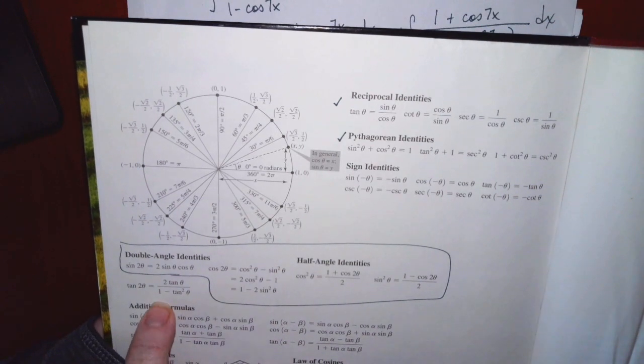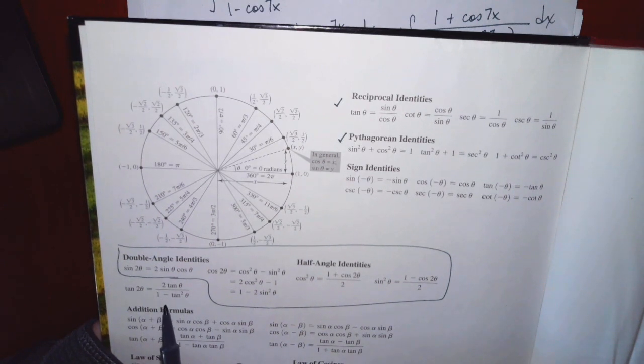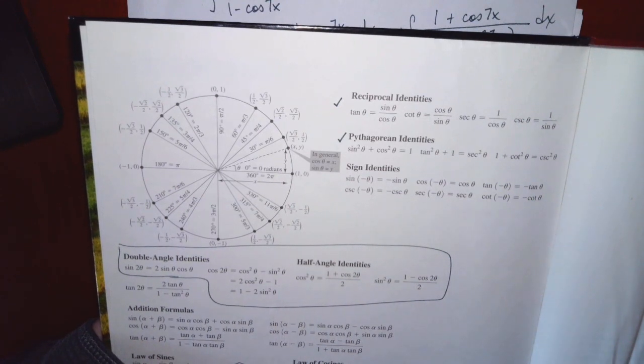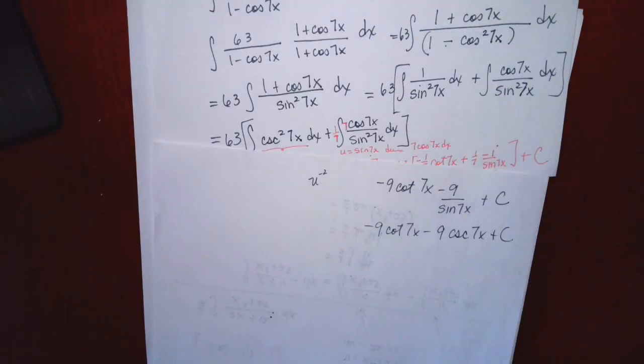I purposefully omitted the tangent of 2 theta. That's not an identity that we use as far as integration techniques are concerned. But these, you really do need to know them. We don't typically use the sign identities much, the plus or minus sign, I mean.